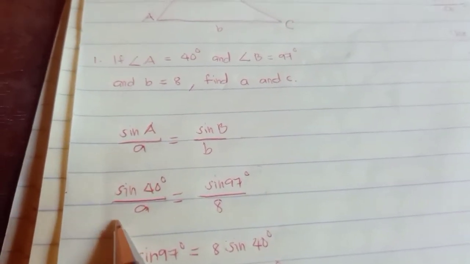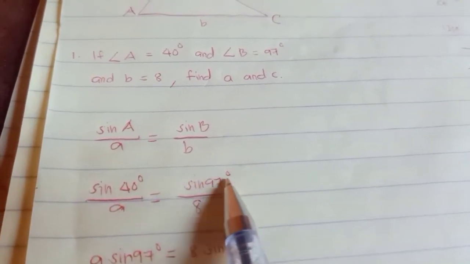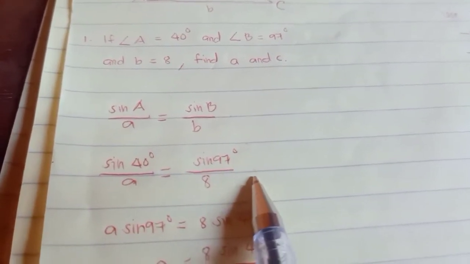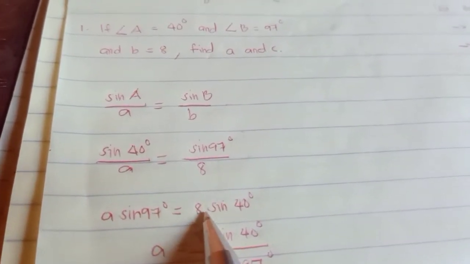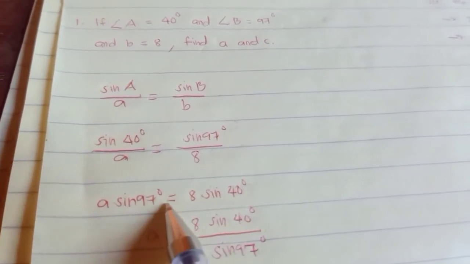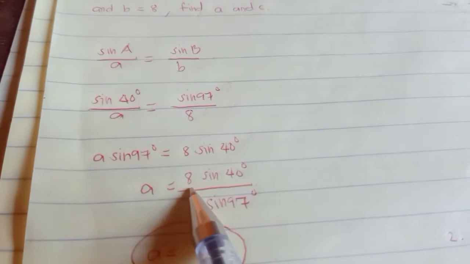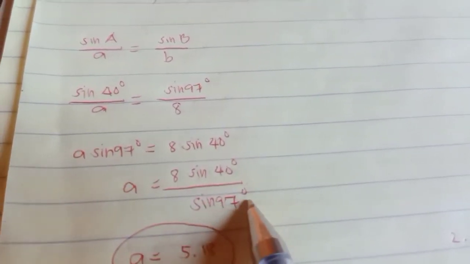So sine 40 degrees over a is equal to sine 97 degrees over 8. Cross multiply, so a sine 97 degrees is equal to 8 sine 40 degrees. Bring down the sine 97 degrees, so a is equal to 8 sine 40 degrees over sine 97 degrees.